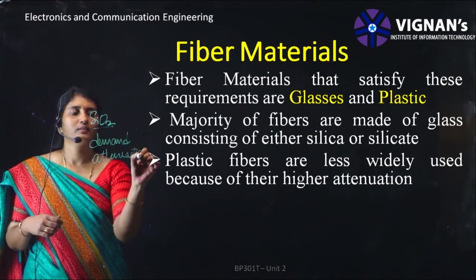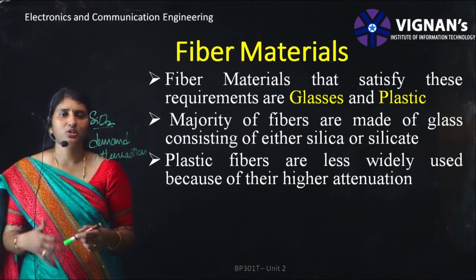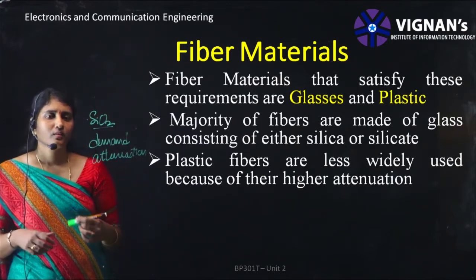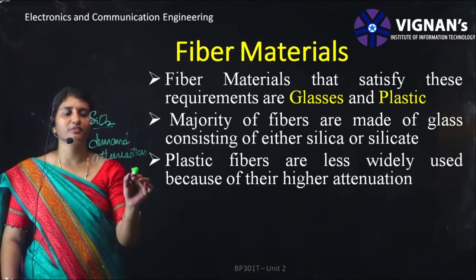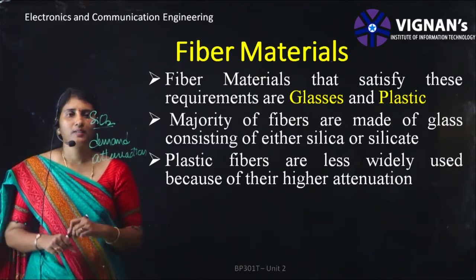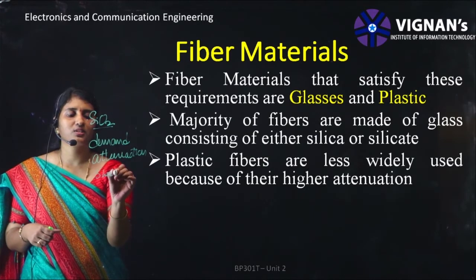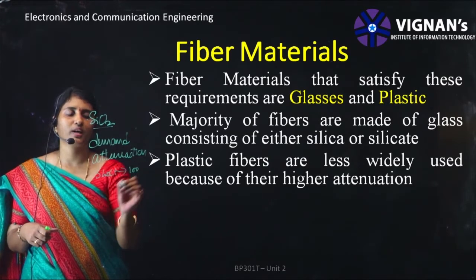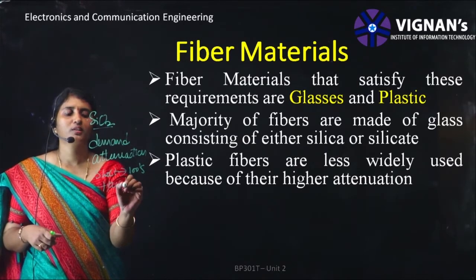Rather than glass fibers, these plastic fibers initially got some demand, but because of their attenuation characteristics, that is the loss of information, they are less widely used as of now. These plastic fibers are used in short distance communications, up to hundreds of meters, and in harsh environments also they are sustainable.